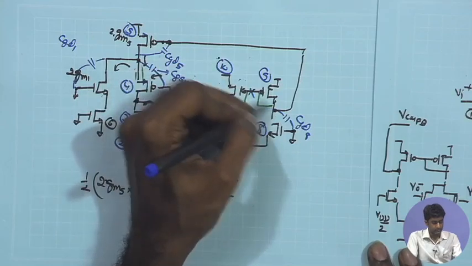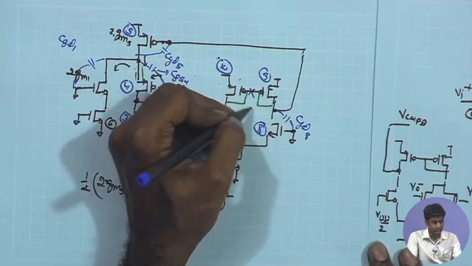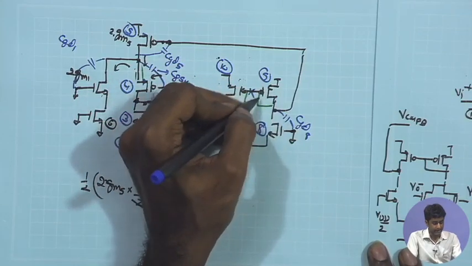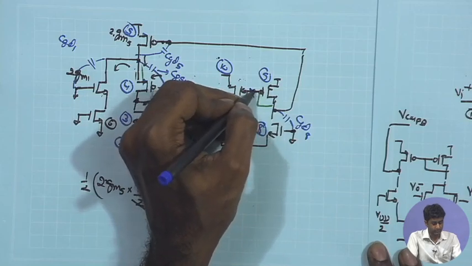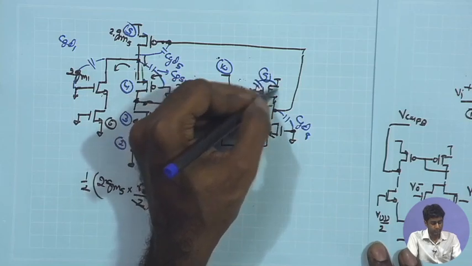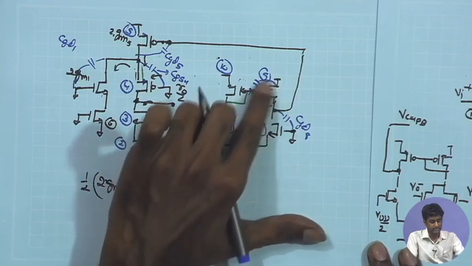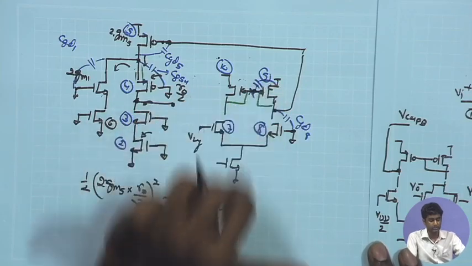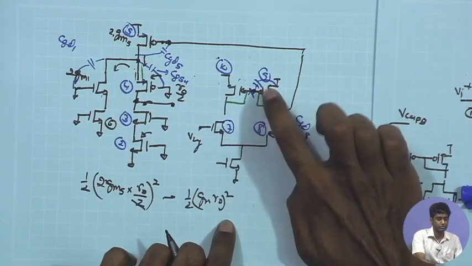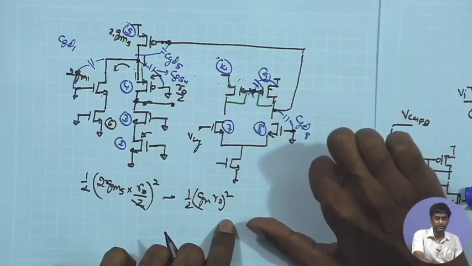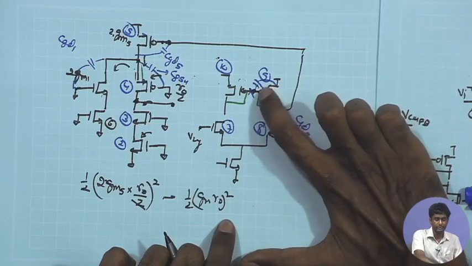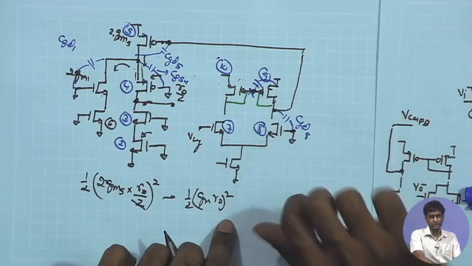So you have the CGS. Just for the sake of completeness, I can put these also. So the CGS of M9 also appears between this point and AC ground, because if you look at the contribution of M9, the gate and drain are shorted. So at this point, you have the CGS9 also coming into picture.